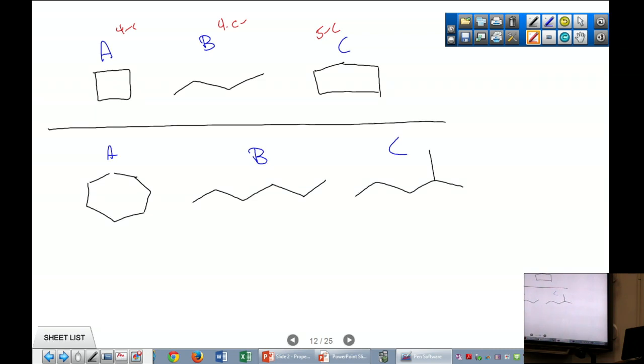So with all that together, you can say, I know this has a higher boiling point than this, and this guy here has a higher boiling point than this. So from that information, I can say that this must be the highest boiling point. This is the second, and this is my lowest boiling point.